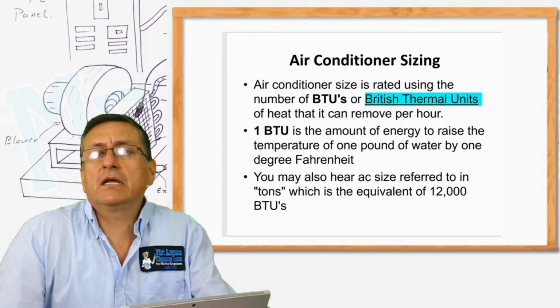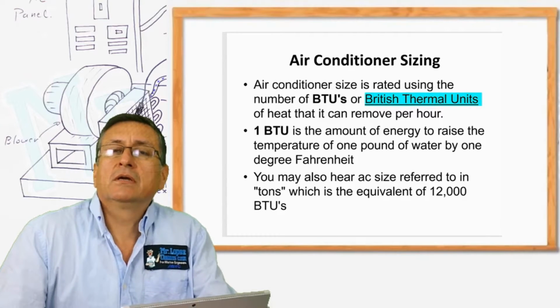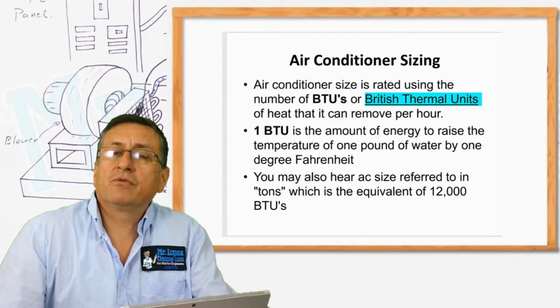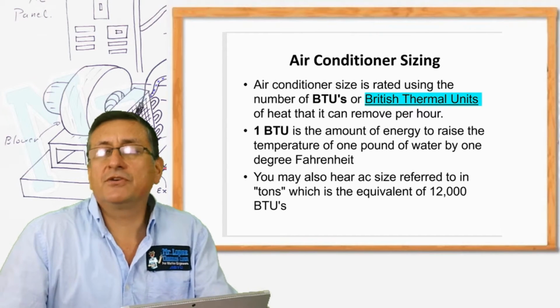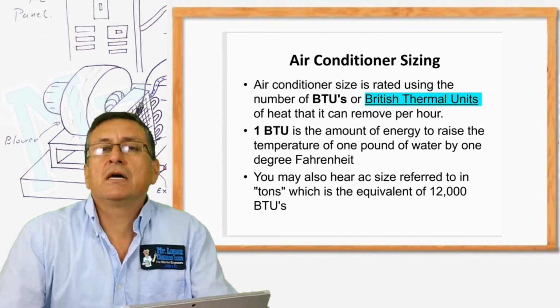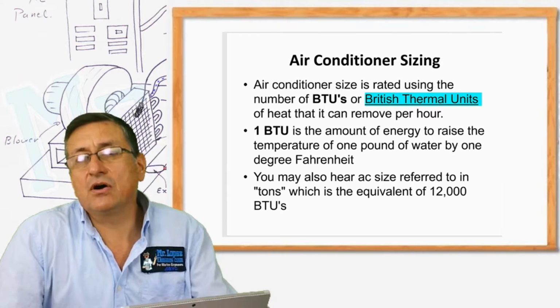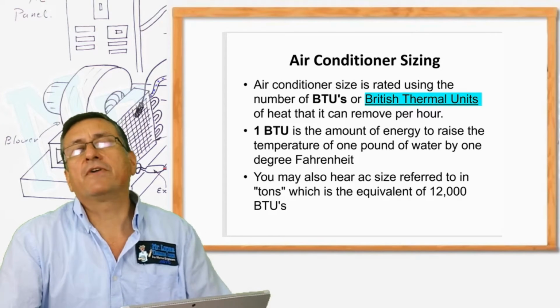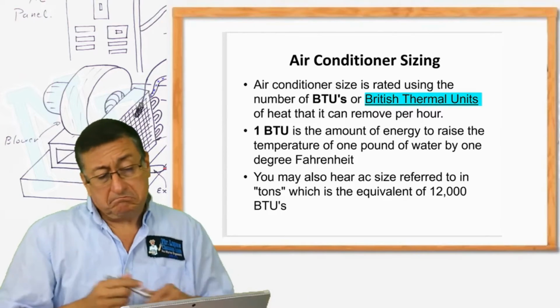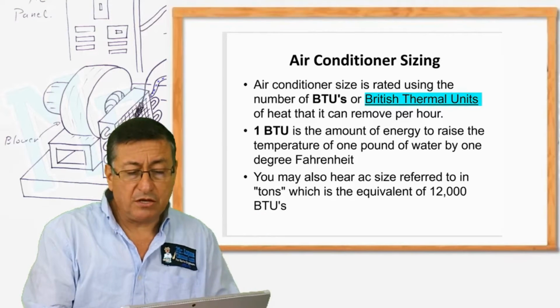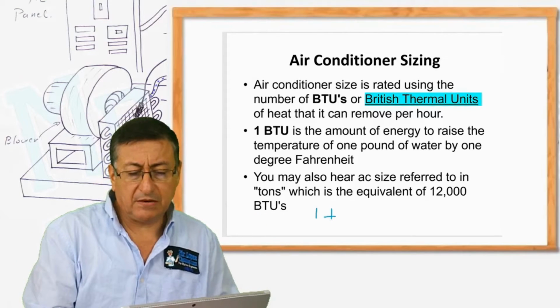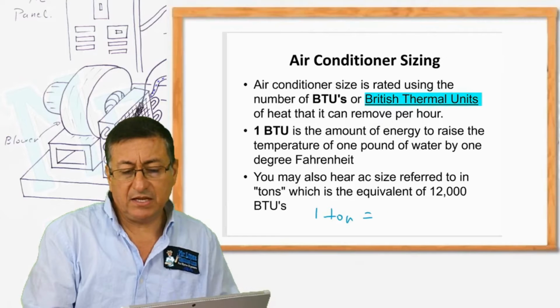Some manufacturers of air conditioning equipment for residential and industrial applications prefer, instead of BTUs, tons. Basically, 1 ton is equivalent to 12,000 BTUs.